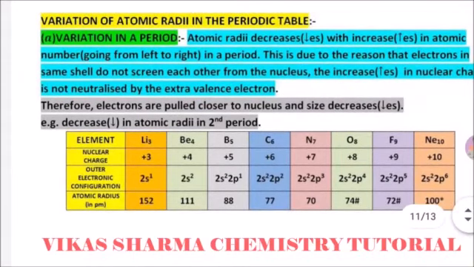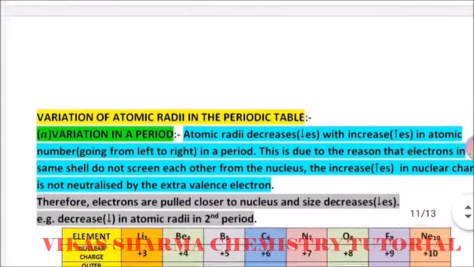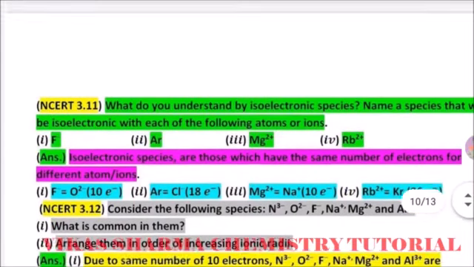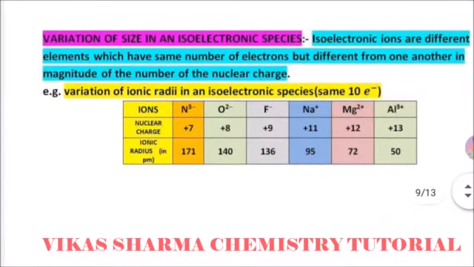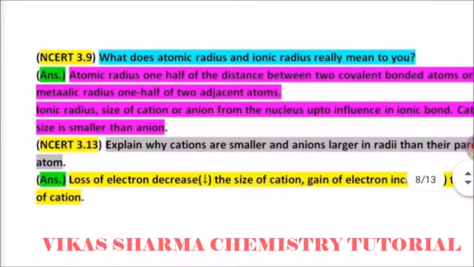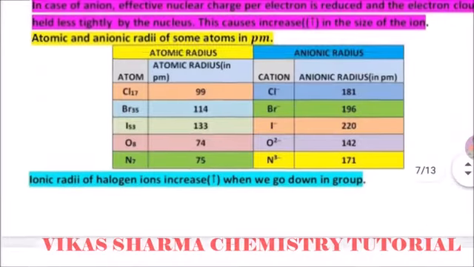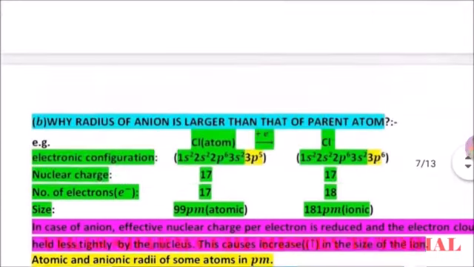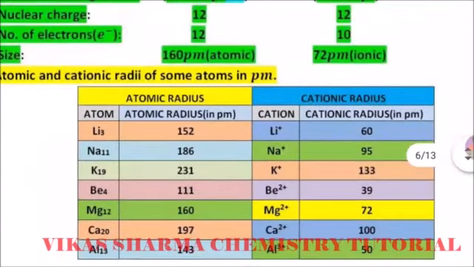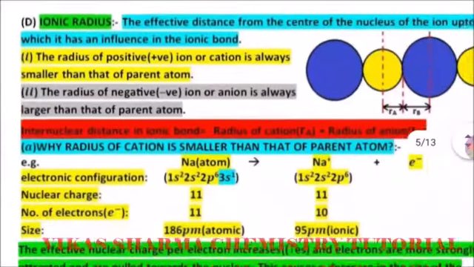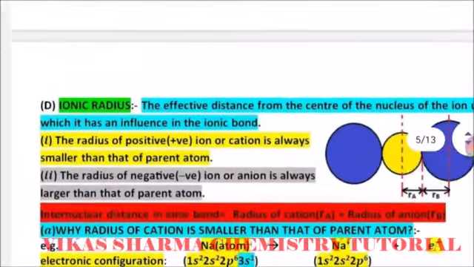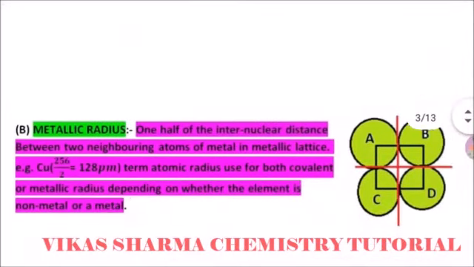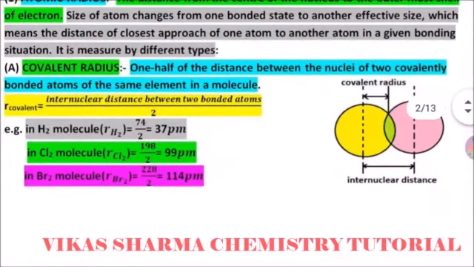If we go along a period, the size decreases because the effective nuclear charge increases. We covered isoelectronic species based numericals, variation of size in isoelectronic species, and some NCERT questions. These are the conditions of anion size and cationic radii. These are the explanations of ionic radius, van der Waals radii, the metallic radius, and the covalent radius.